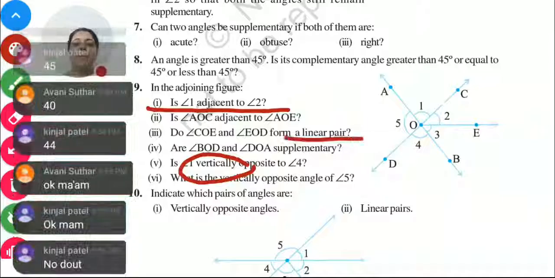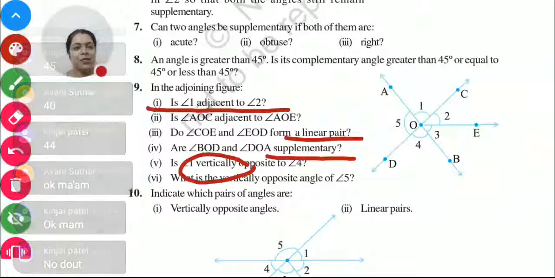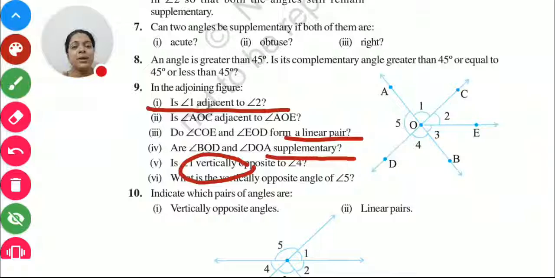When we are talking about a linear pair, undoubtedly 180 degrees. When we talk about supplementary, undoubtedly 180 degrees, right? So you need to focus on these things. In a linear pair, the non-common arms are opposite, always 180 degrees.